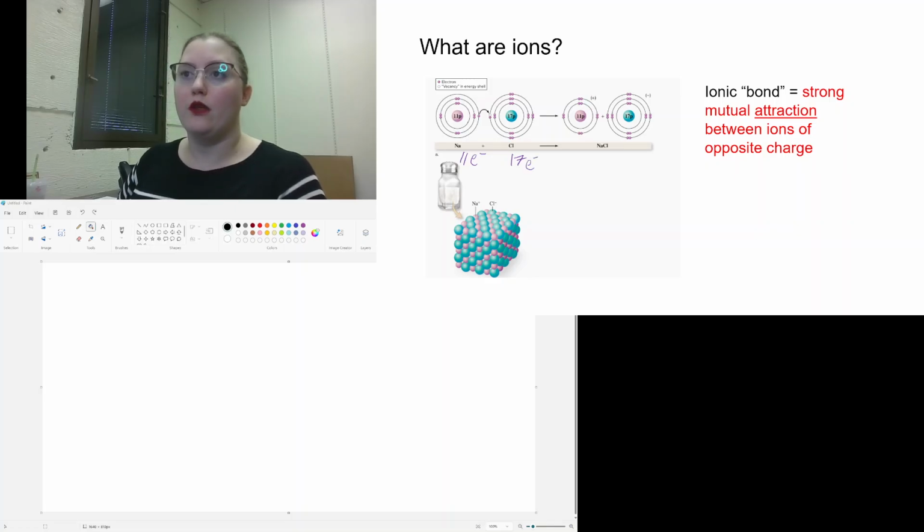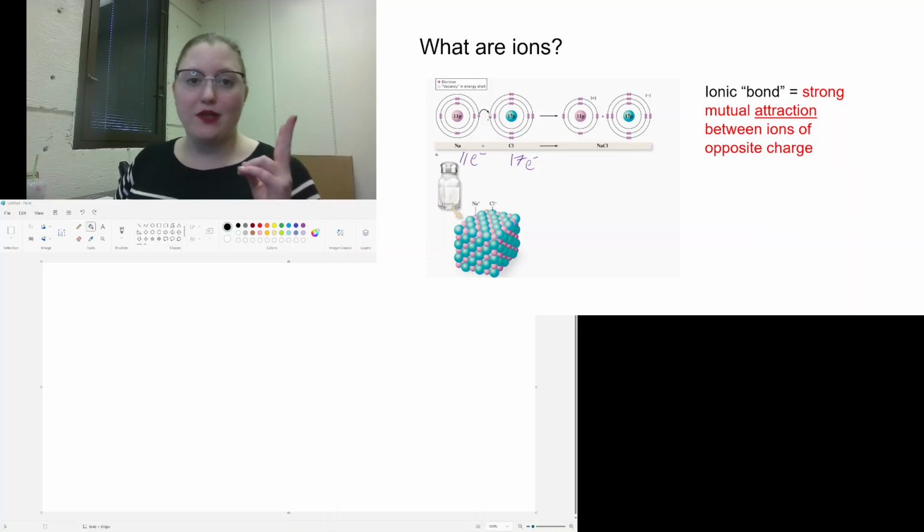So, sodium has this first shell full, 1, 2. The second shell also full. So we have 3, 4, 5, 6, 7, 8, 9, 10. So our valence shell for sodium is the third shell, right? And we only have 1 electron in this third shell.